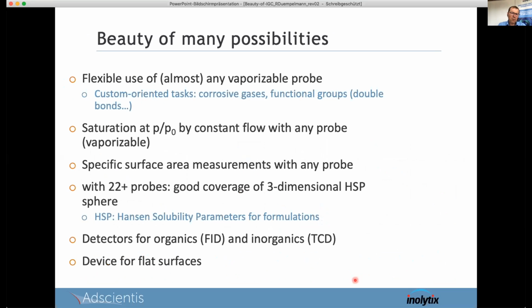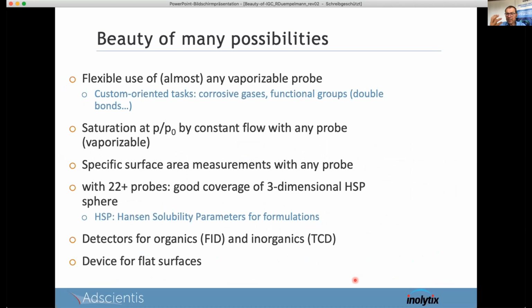There are many more possibilities here if you think about this. First, you can really take advantage of the very flexible use of any vaporizable probe. It can be corrosive gases, as in some cases. It can be also functional groups. So if you're working maybe in the rubber industry, double bonds might be quite interesting. Or you can add more groups here.